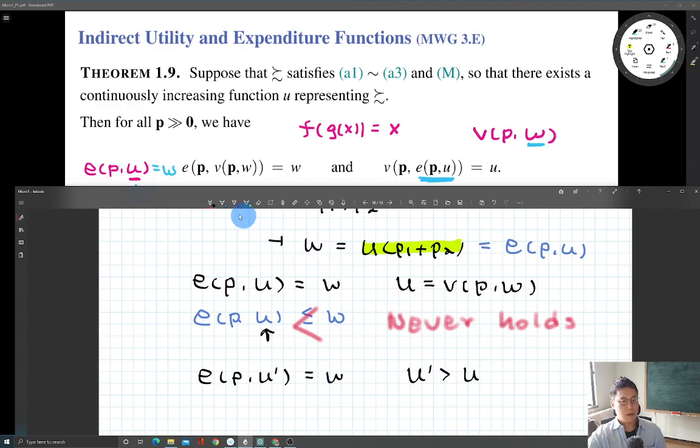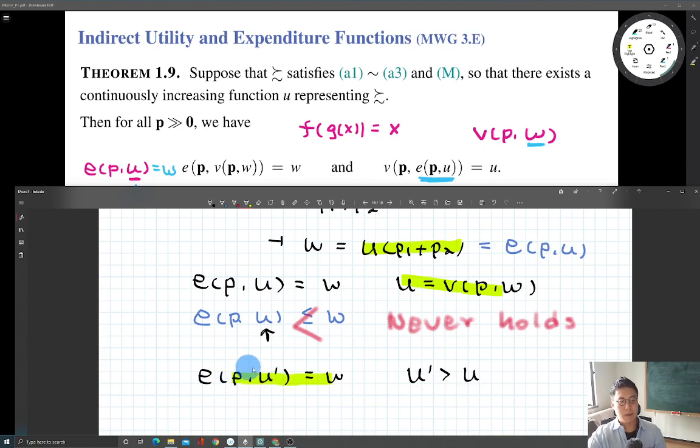Then comparing these two equations, these two pieces of information, we can see an immediate contradiction. This U, by definition of V, is the highest level of utility attainable with this money. But this equation tells us that with the same money, the consumer can achieve an even higher level of utility.